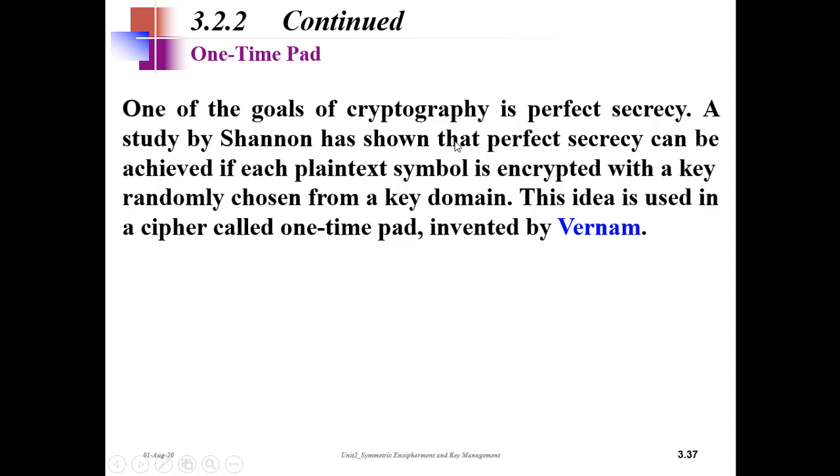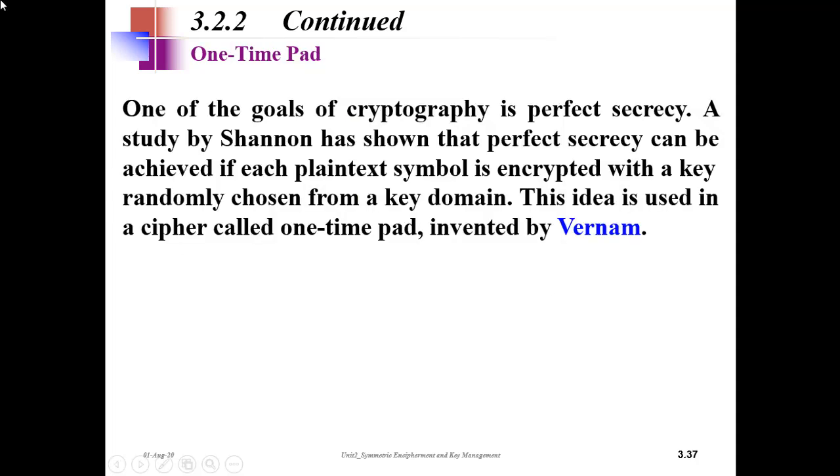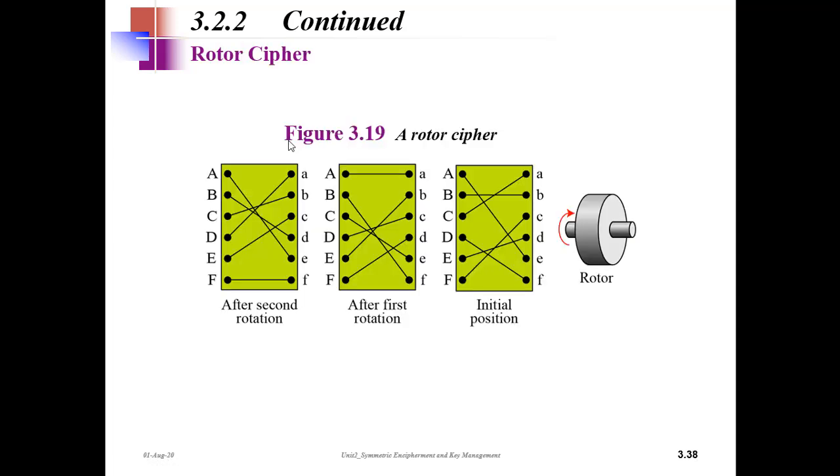This idea is used in a cipher called the one-time pad, invented by Vernam. This is just an introduction. It is not that important, so we will not go into the details. Anyway, we'll come across this in the due course of lectures, so you don't have to worry.